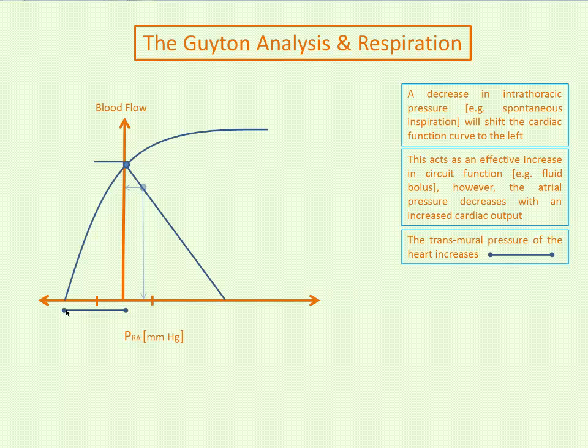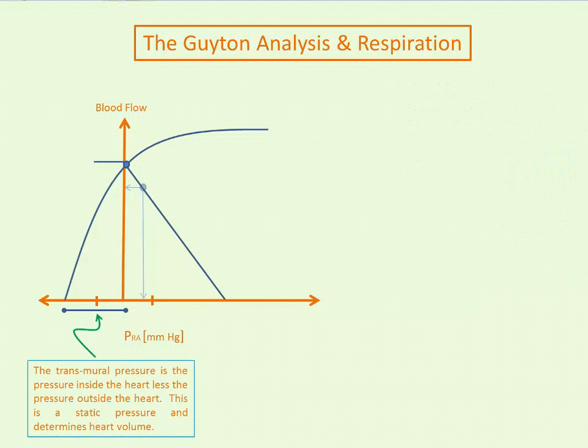And remember, transmural pressure is a static pressure of the vascular system. The increase in the static pressure would suggest that volume is also increased, because volume and pressure are related, and it would increase as modulated by the compliance of the distensible structure. So this is the transmural pressure.